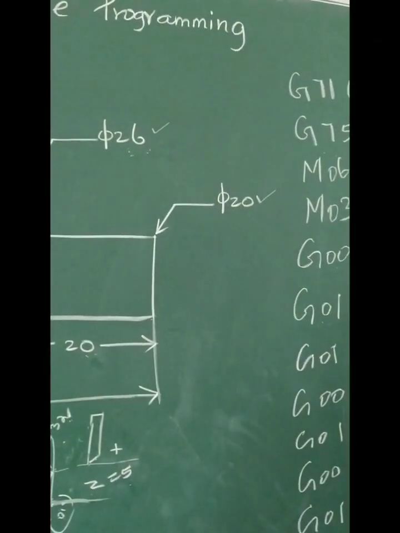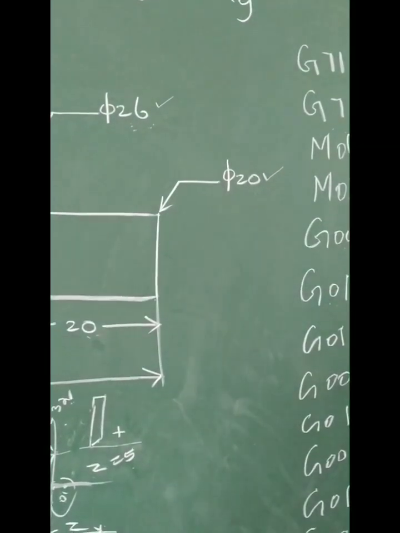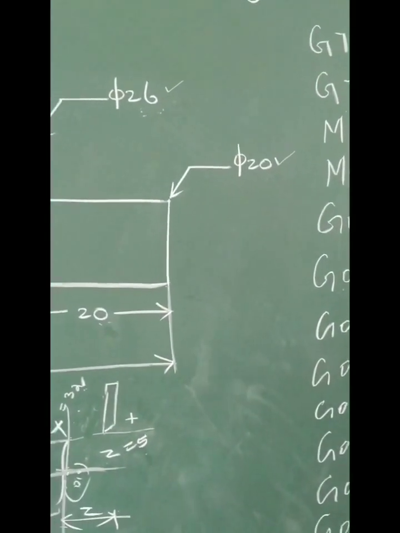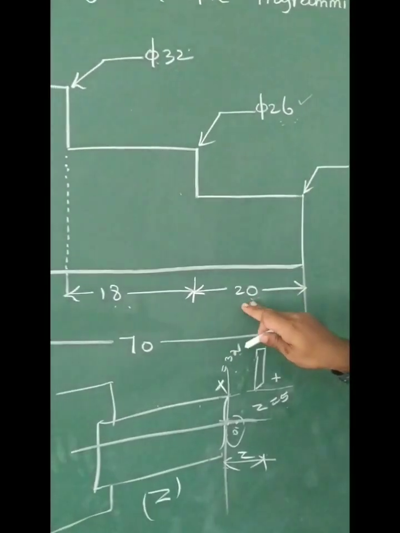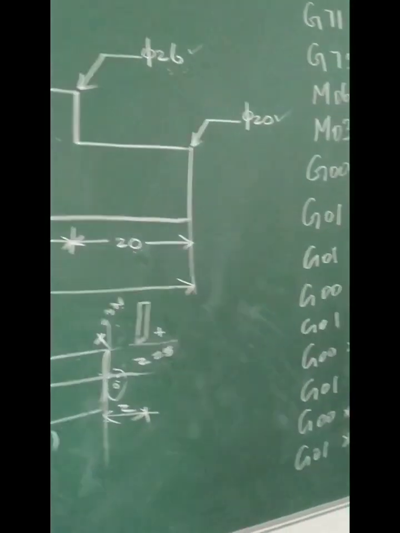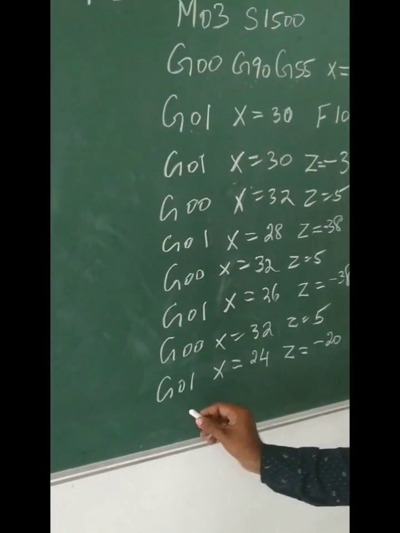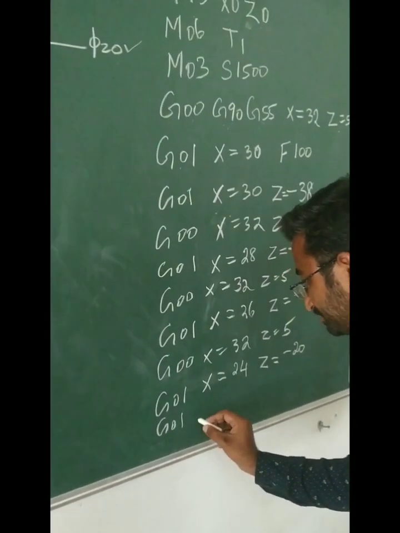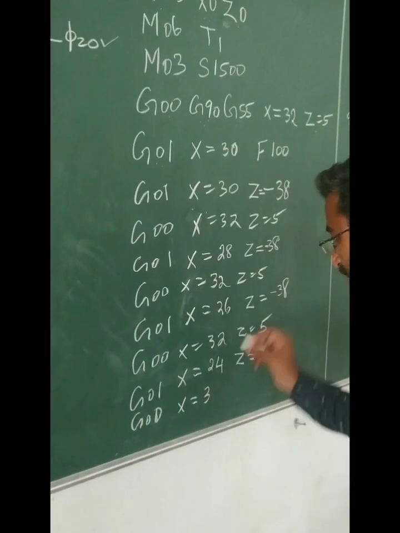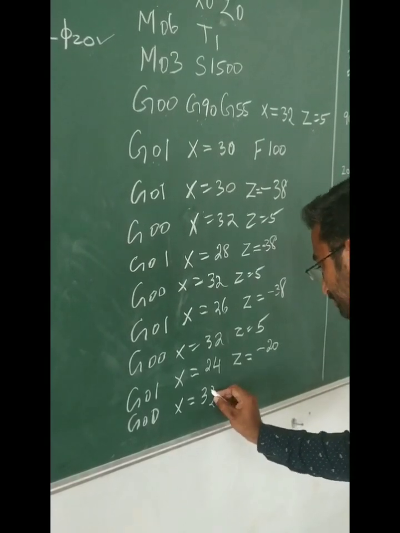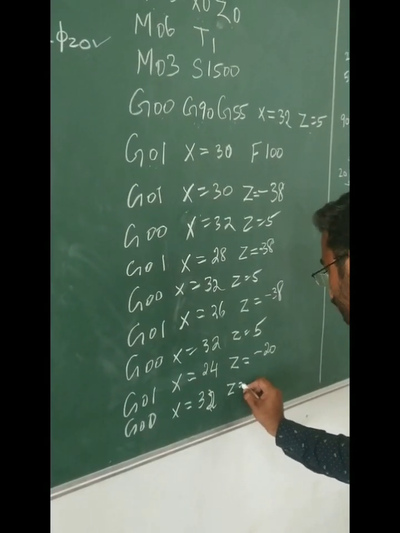X equal to 24, Z equal to the length. Now this is the reference point. We are reducing the length by only 20 mm, so the Z value is minus 20. Then G00, X equal to 32, Z equal to 5, back to the reference point.